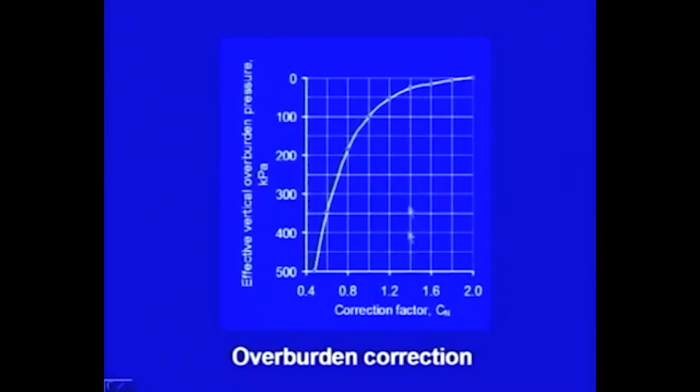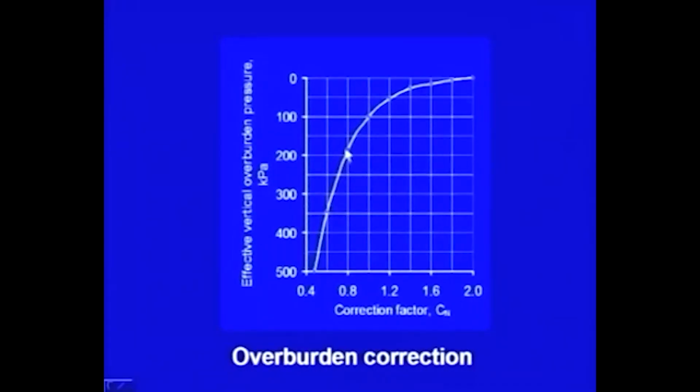for getting Cn values. When the effective overburden pressure is more than 100, when it is in this range 150, 200, 250 and so on, you can see these values are less than 1. So, this is the 1 value, and beyond this the values are less than 1.